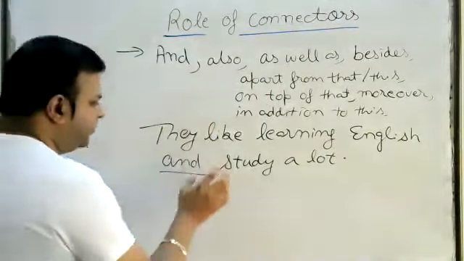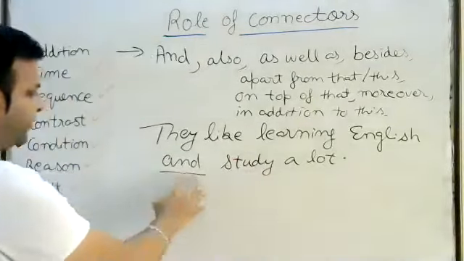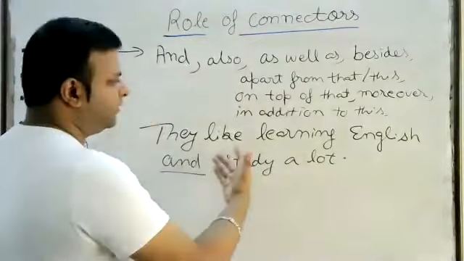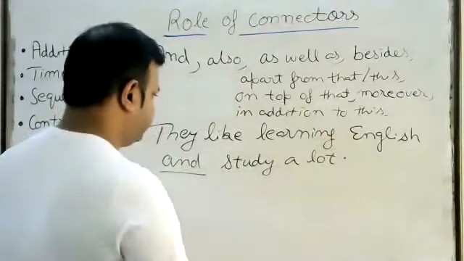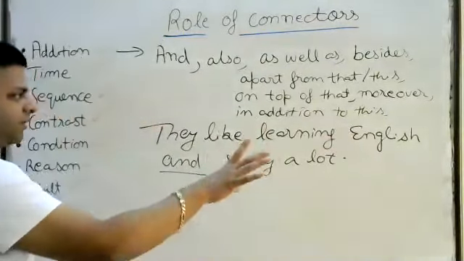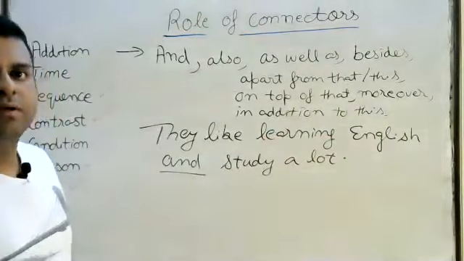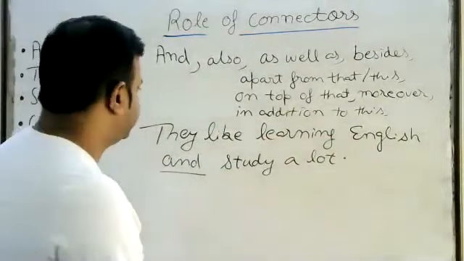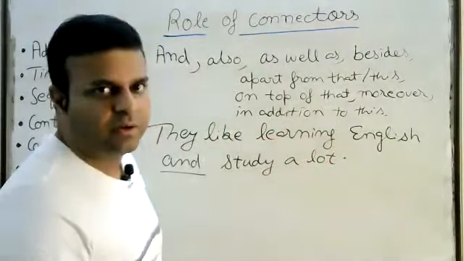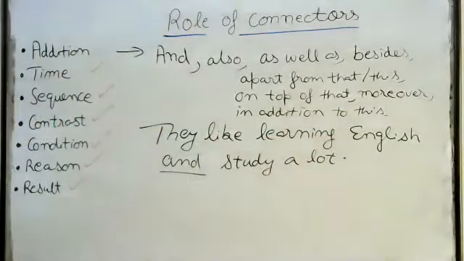So if I don't use this connector, this is also a conjunction, it comes out to be two simple sentences, right? They like learning English. Full stop. They study a lot. Right? So rather than that full stop, I'm just putting a connector here, and study a lot. Okay, so this is how you can use it. They like learning English and study a lot. This is the simple way that you can use a connector to join two sentences.